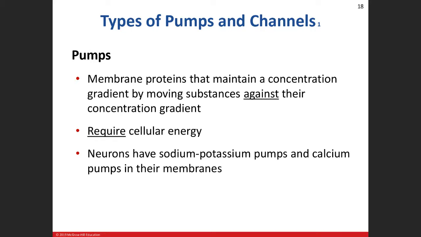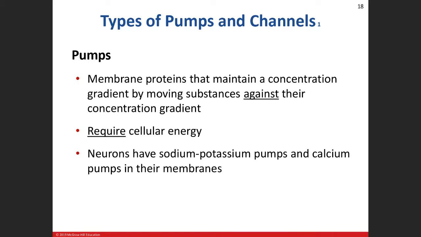And if you guys remember from chapter 4, I said when this pump is working, when it's pumping sodium out of the cell and potassium into the cell, it's pumping these electrolytes against their concentration gradient. Because remember, outside the cell, there's more sodium. And what naturally wants to happen with diffusion is you want to go from an area of high concentration to an area of low concentration.